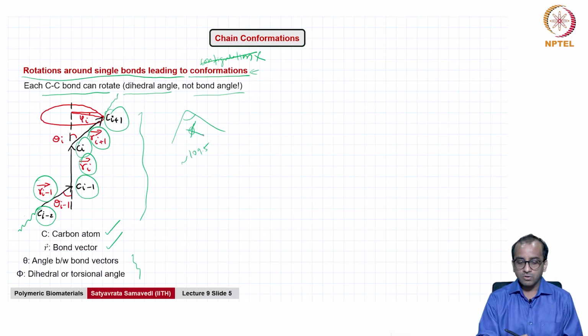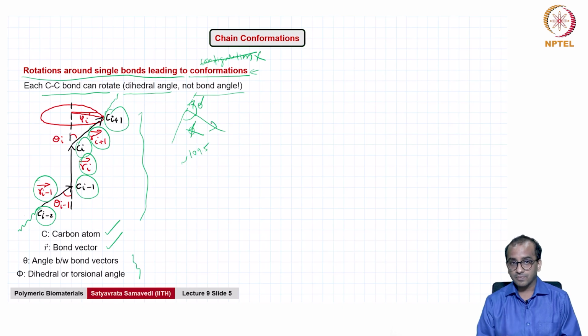Here what we are doing is, if this bond vector were to continue this way, were projected that way, theta is defined as the angle between the bond vector here and the bond vector here.